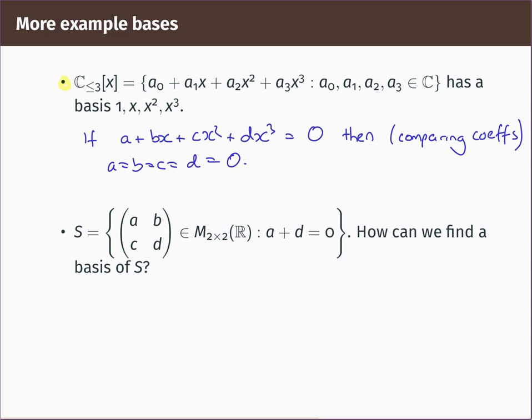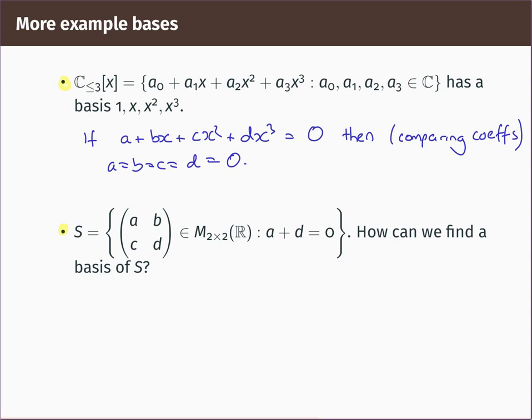So let's now think of a slightly harder problem, finding a spanning set for a different vector space. We're going to look at the vector space S, written here, which consists of all matrices (A, B, C, D) in M2×2 of R with the property A plus D equals 0.